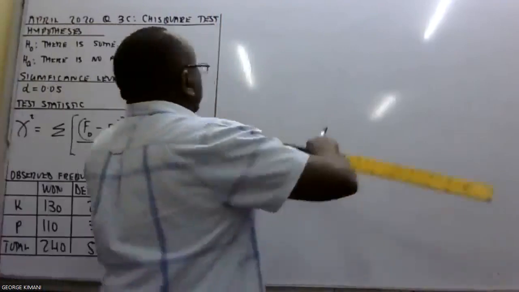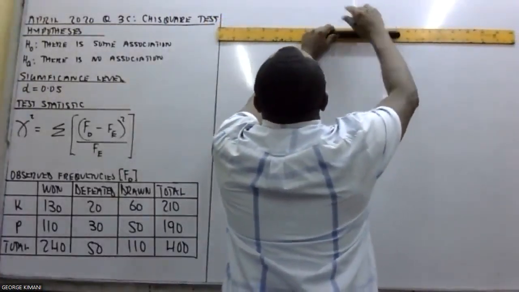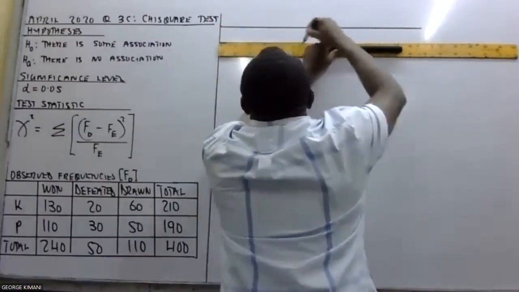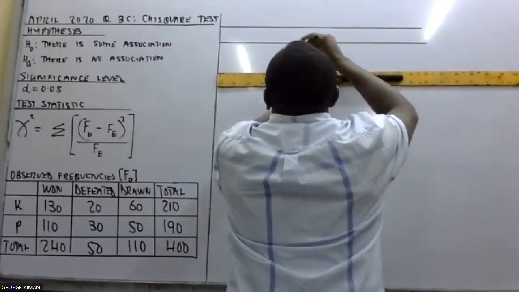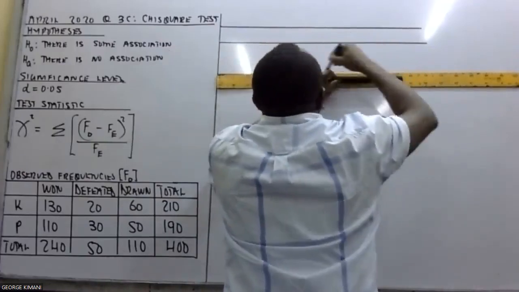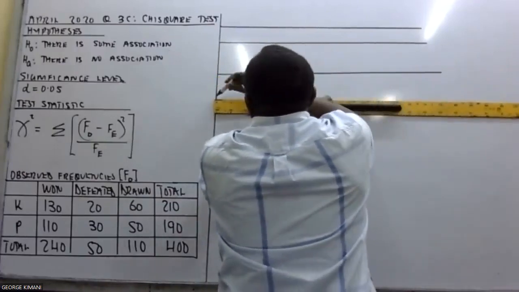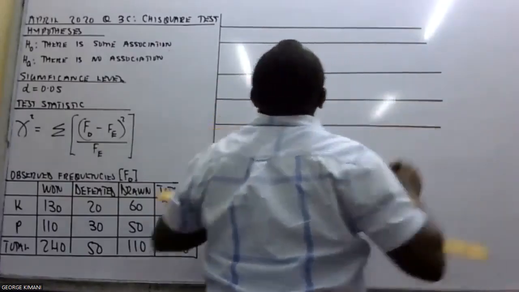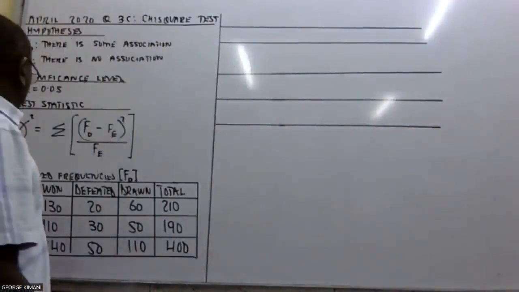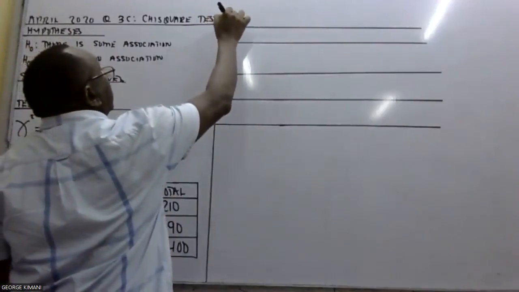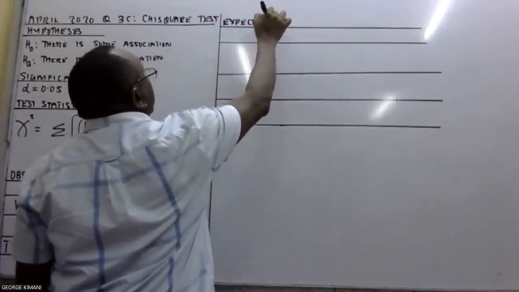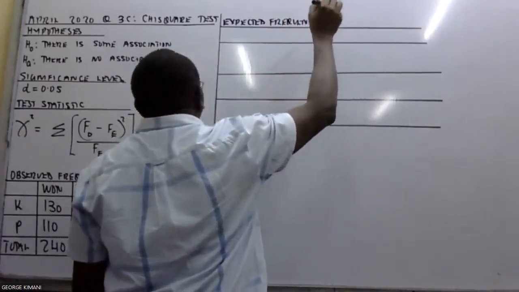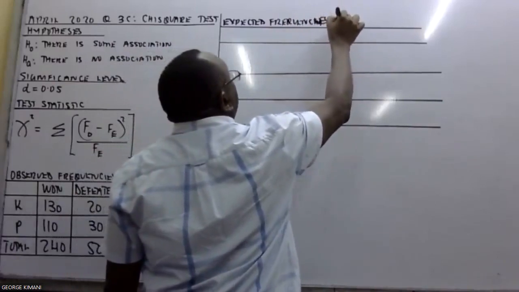Then from there, we prepare another table to get what we call expected frequencies, Fe.